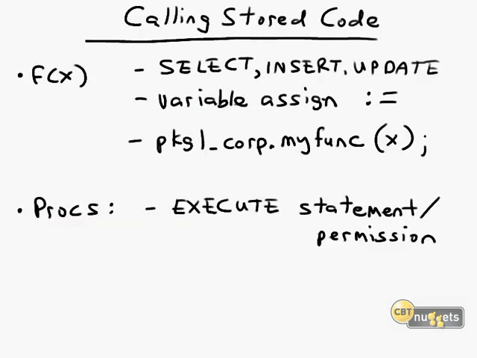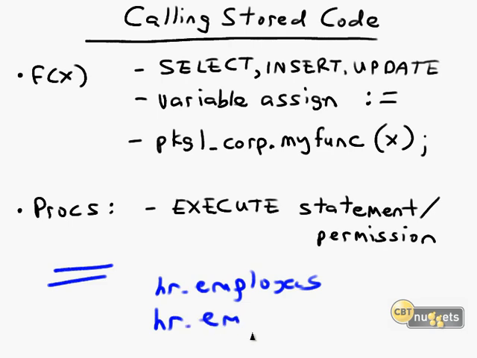Our final point before doing the demo is how to call stored code once it's in the database. Here we come up against some potentially snarly advanced topics that our scope limits us to just the briefest of mentions. One is, when you develop your stored code, remember that it's going to fall within a schema. So let's say the employees table is formally referred to as hr.employees. And if I create a function called emp, then that function is going to look like this, isn't it?